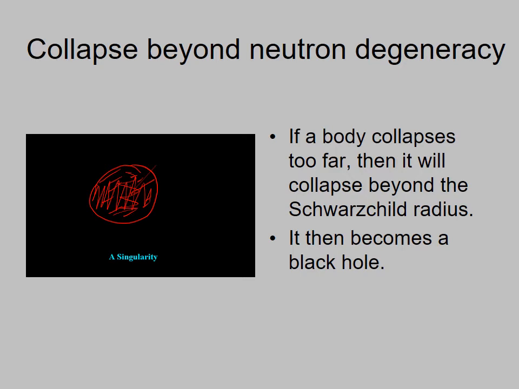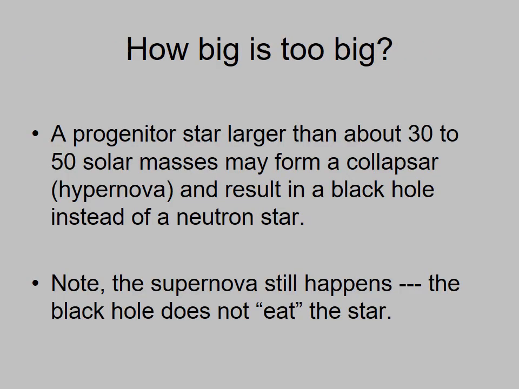Okay, so how big is too big? We're pretty sure that, up to 20, 25 solar masses, you get a really big neutron star. When you get to about 30 solar masses, it's not real sure what's going to happen.